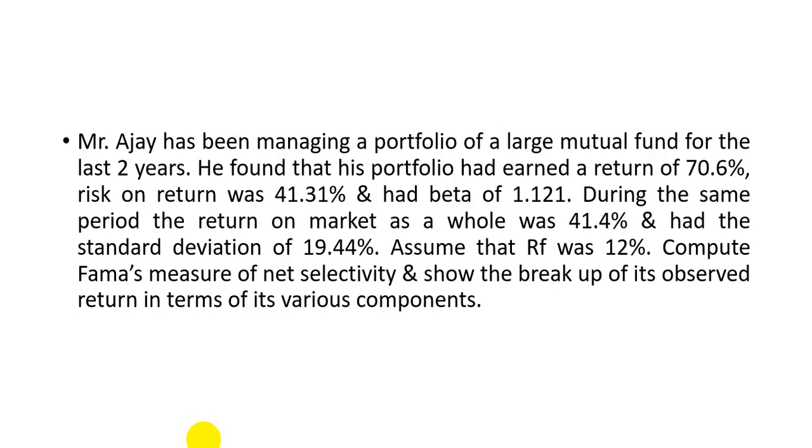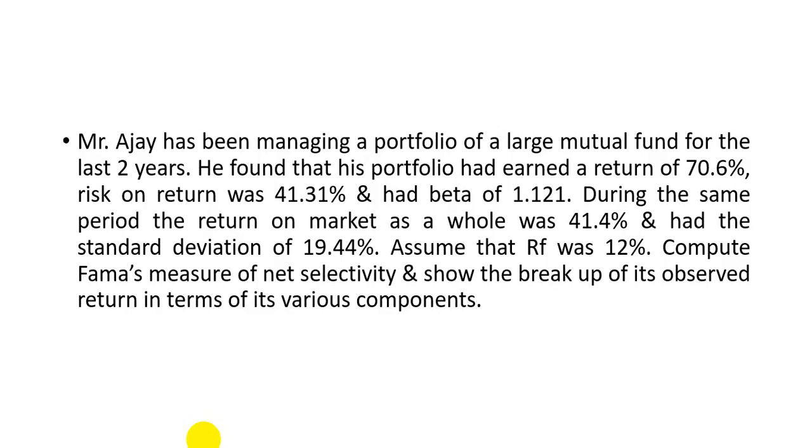So your risk on return was 41.31, which over here is the return on market, if you say, because we are talking about risk. That is the risk on return of market assets, and it had the beta of 1.21.